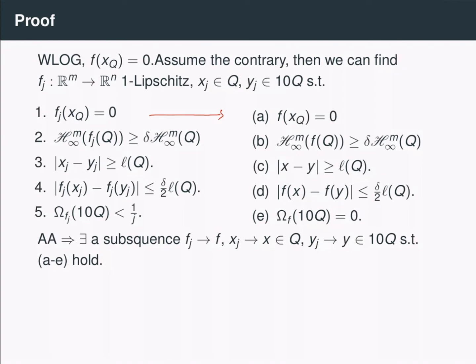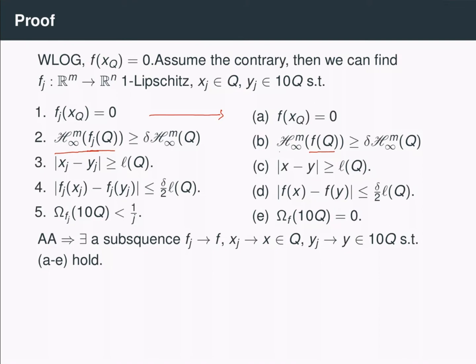Now recall that in the week on Hausdorff measures, we had an exercise that said that if you have a sequence of sets converging to another set in Hausdorff distance, then the Hausdorff content of the limiting set is at least the lim sup of the Hausdorff contents of the sets in the sequence.